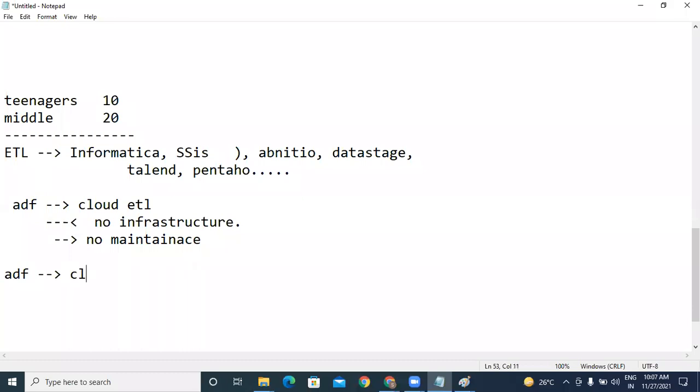It is a cloud ETL. Now, this is one of the data engineer products in the Azure cloud. What are all the other different products in the case of Azure? We will be discussing Azure data engineer products.